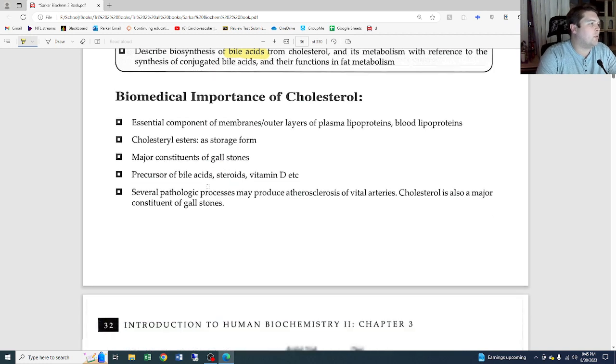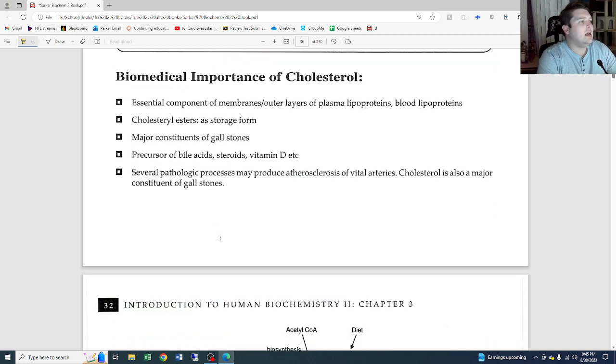Okay, so biomedical importance of cholesterol. Cholesterol is an essential component of membranes and outer layers of plasma lipoproteins and blood lipoproteins. The storage form of cholesterol is cholesterol esters. They are major constituents of gallstones.